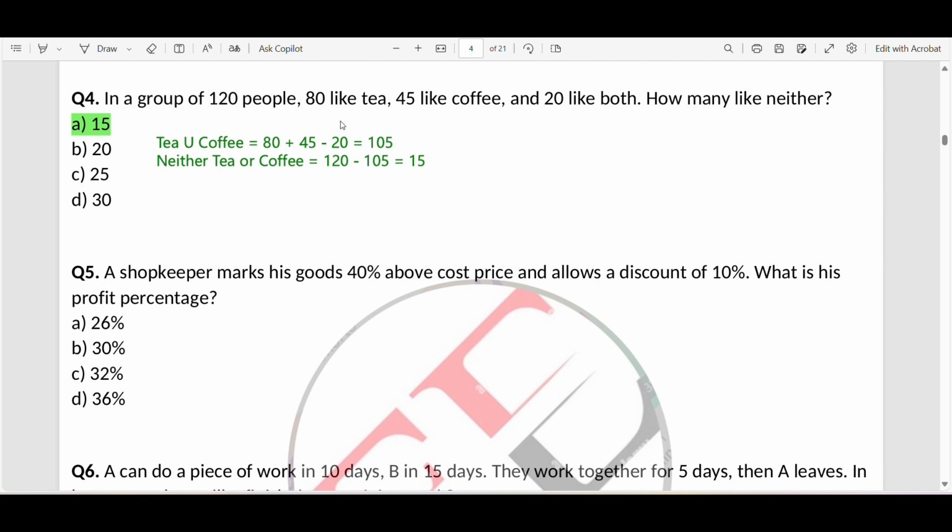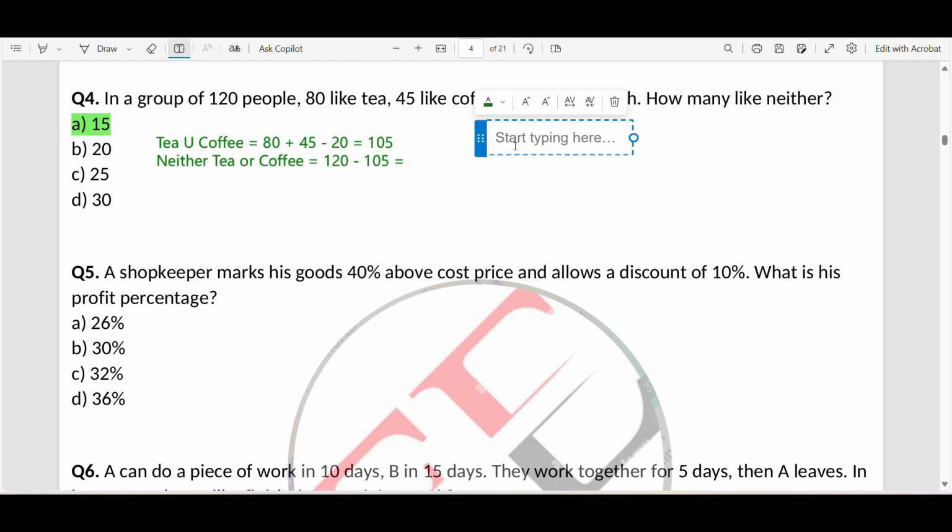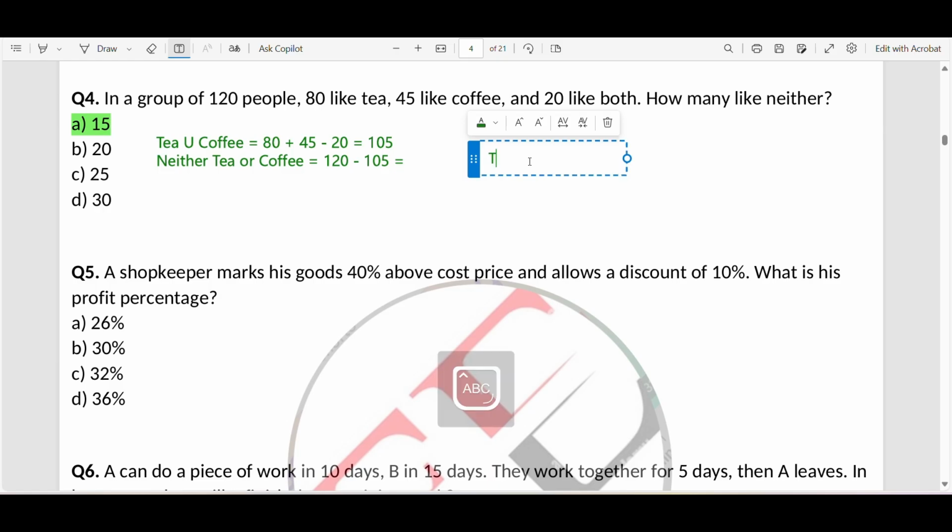So for your understanding, I'll do another one. Here I'm going to type it. Who likes only tea? 80 minus 20, 60 people only like tea.